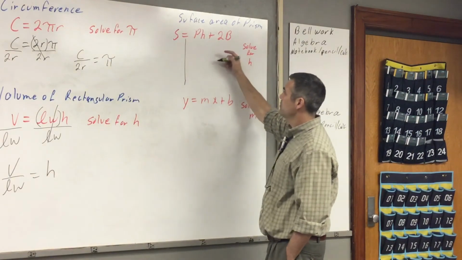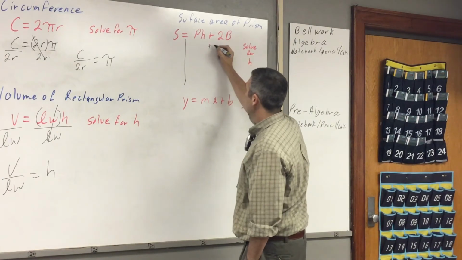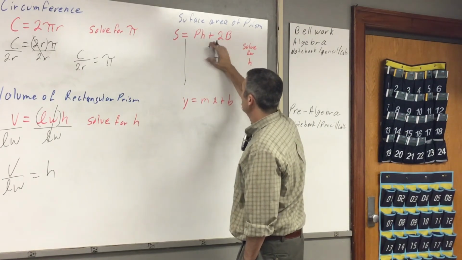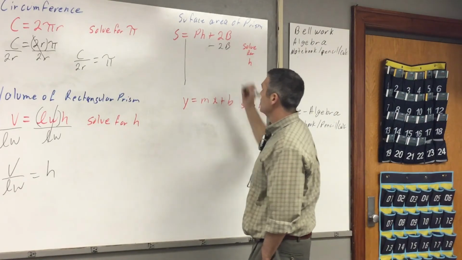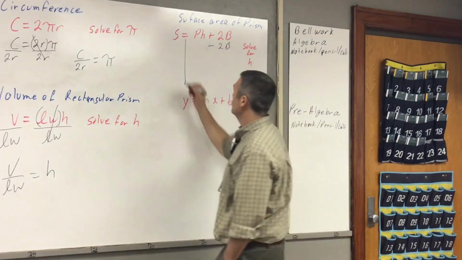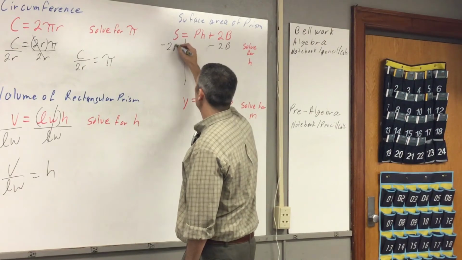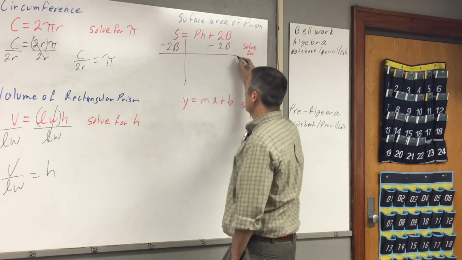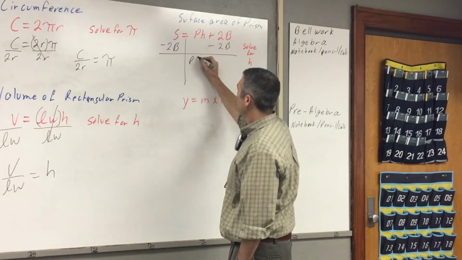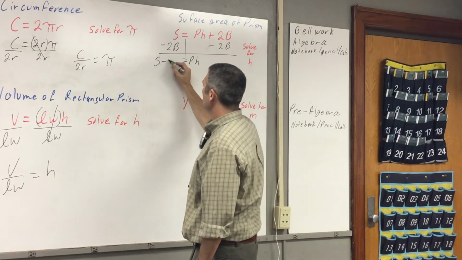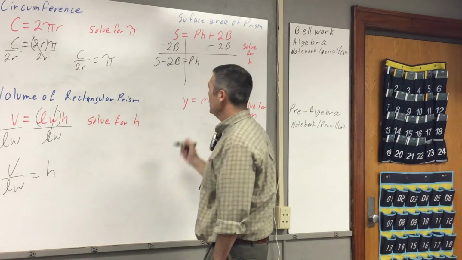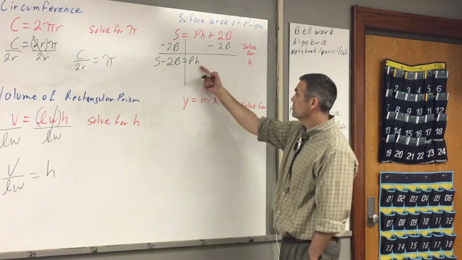This is plus 2b, so we're going to add the inverse of 2b, or subtract 2b. I'm going to just subtract 2b from both sides, make it look a little bit cleaner. Okay, so minus 2b. All right, that leaves me with ph over here equals s minus 2b.